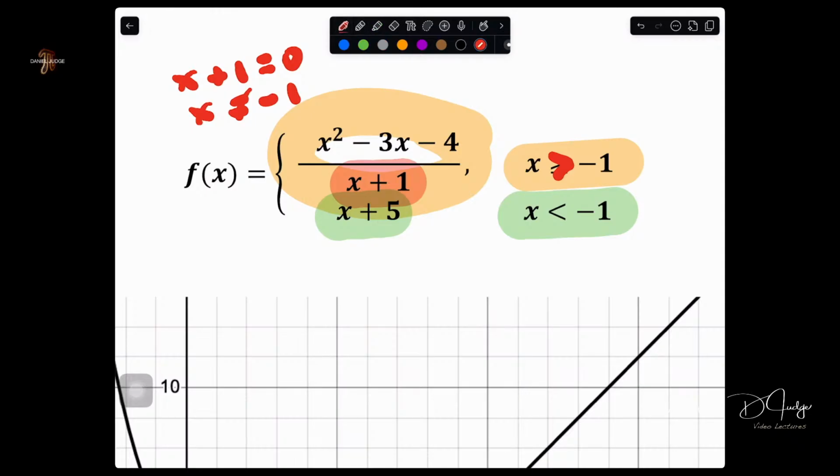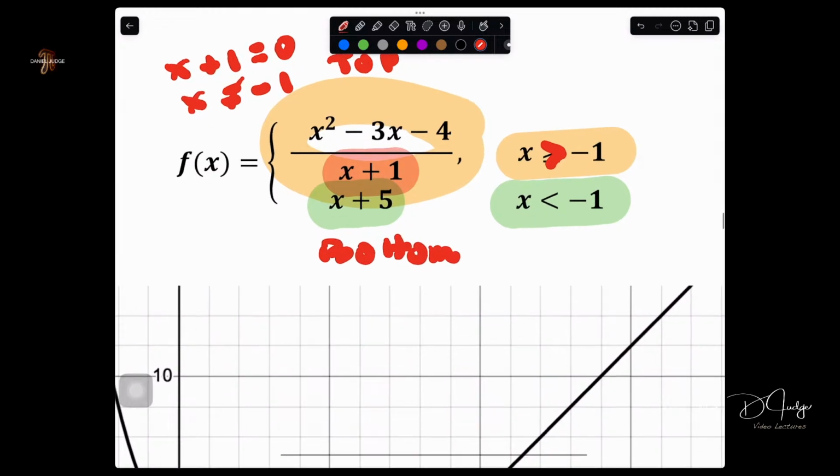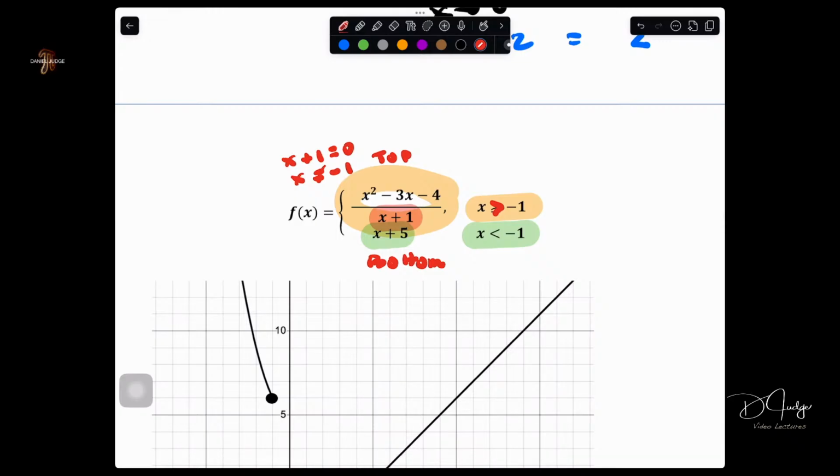So let's kind of indicate this here. And I think there's a little bit more going on. So we have top and we have bottom. If we look further here, we have x squared minus 3x minus 4 over x plus 1.